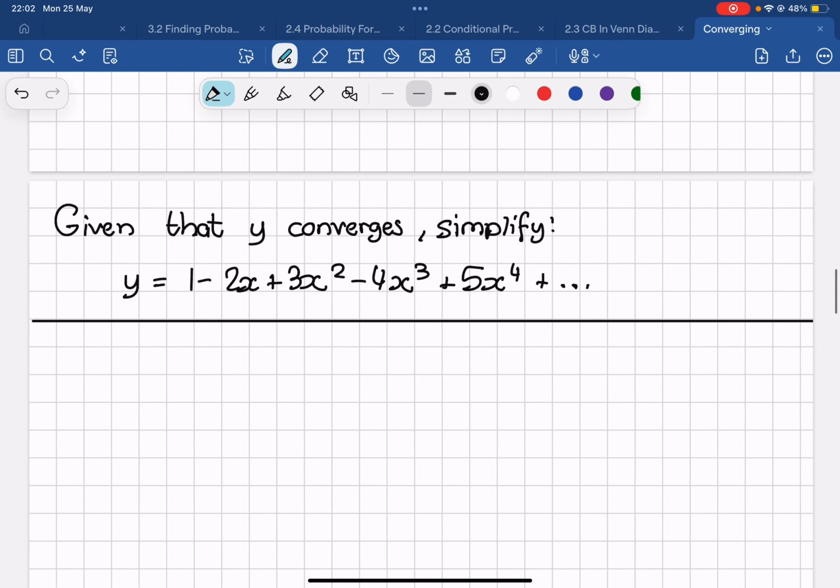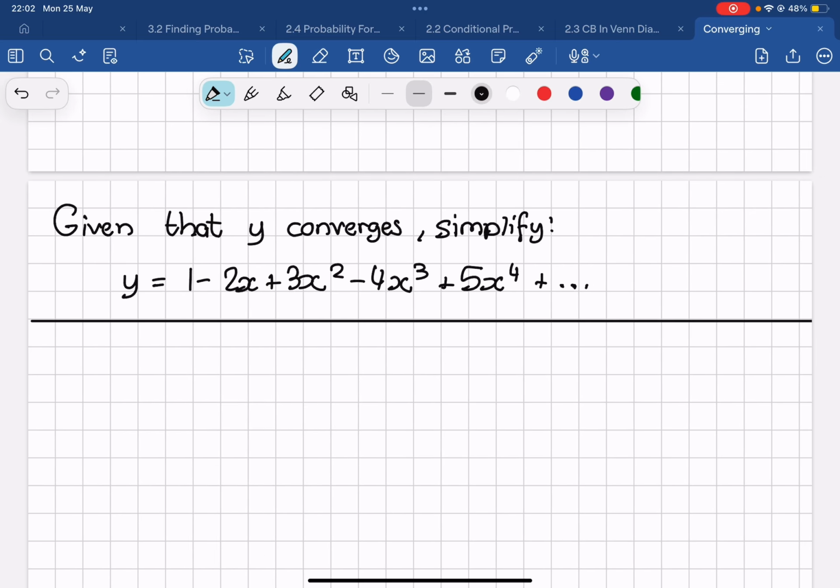Now with this question, y equals 1 minus 2x plus 3x squared minus 4x cubed plus 5x to the 4. Well, the first thing to notice is that the size of the coefficient is always 1 greater than the power. And that sort of reminds us of differentiation and integration.